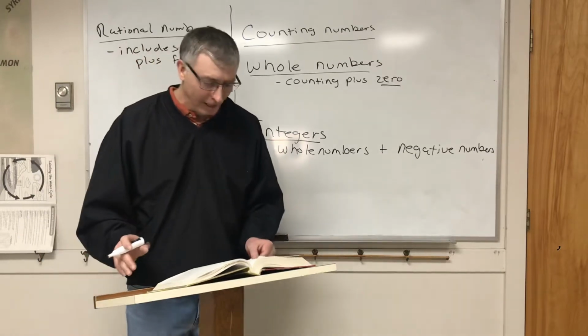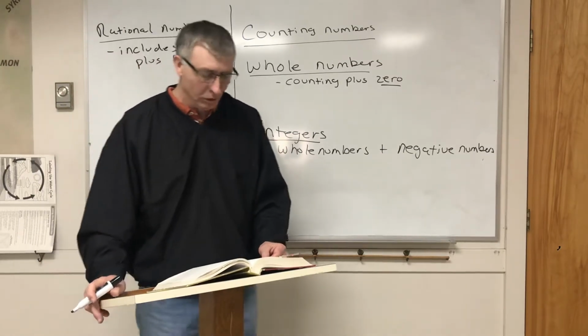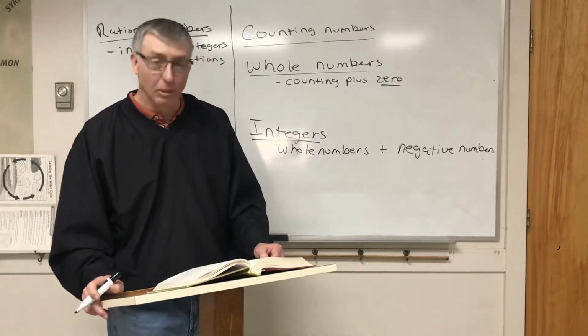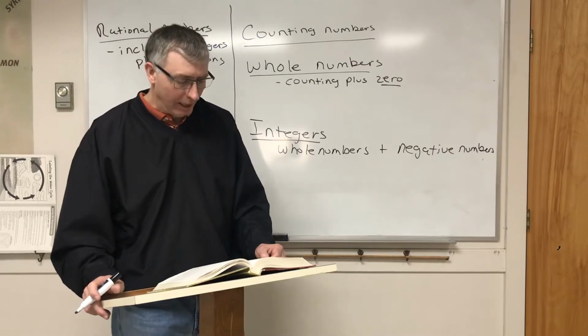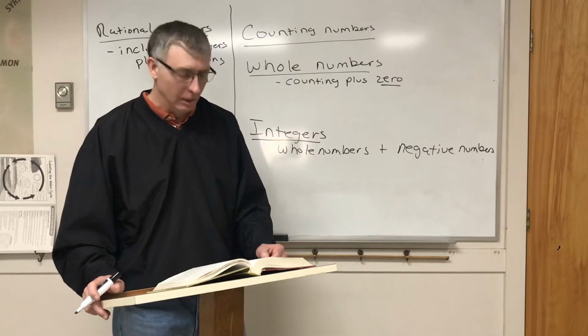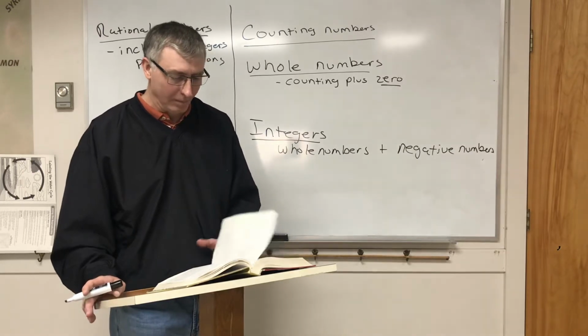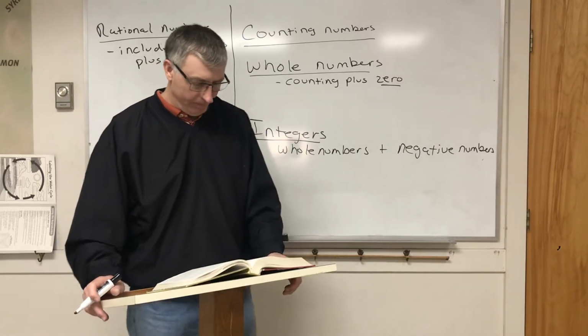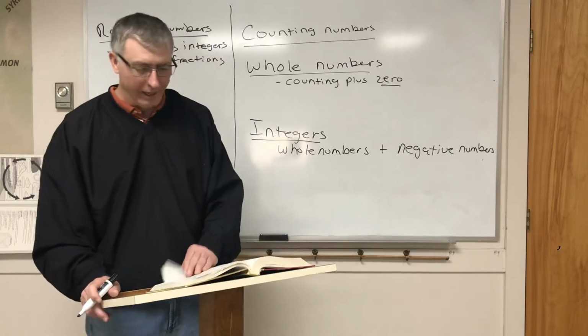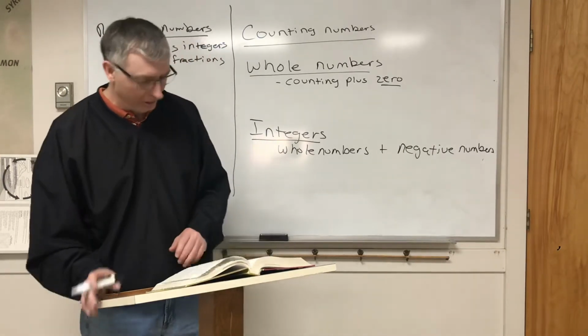By the way, I'm going to be referring to the diagram that was on page 490. I believe I sent a copy of this diagram home with you. If you don't have one, I can email you one, or you can just draw it or make a copy. It is a handy diagram to have.